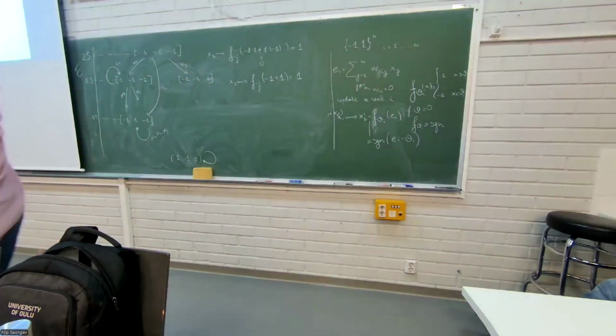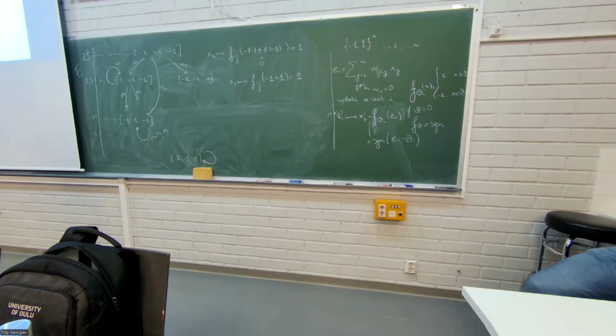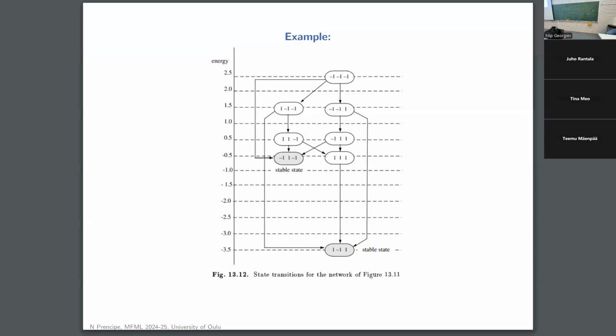But you can see that the energy, whatever you do, gets lower. So the question is, can we prove that no matter what update in our Hopfield network, the energy will get lower, and then the algorithm will converge to stable states, under the assumptions that the matrix is symmetric and has a 0 on the diagonal.